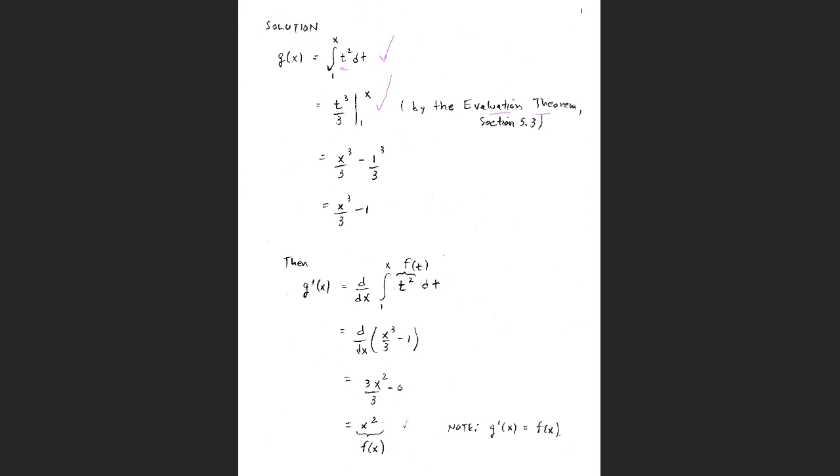And we're going to evaluate that antiderivative at t equals x, that's the top limit, and t equals 1, that's the bottom limit, and take the difference. It's strictly an application of the evaluation theorem. The only difference is the top limit is a variable x, but it stands for a number. It's just that number can change.